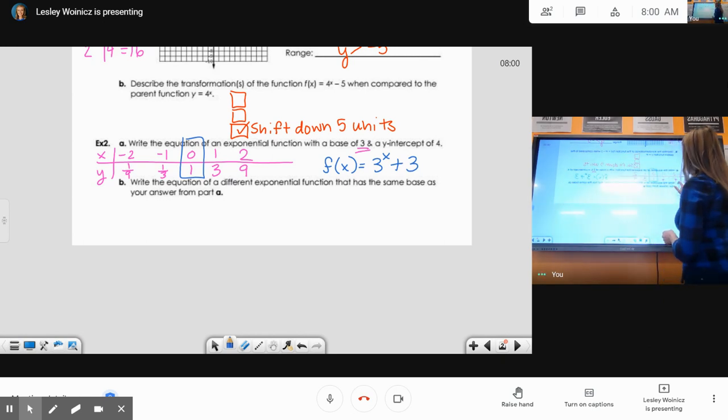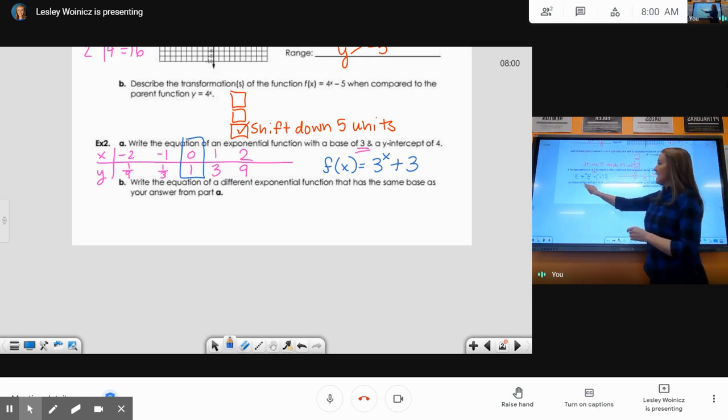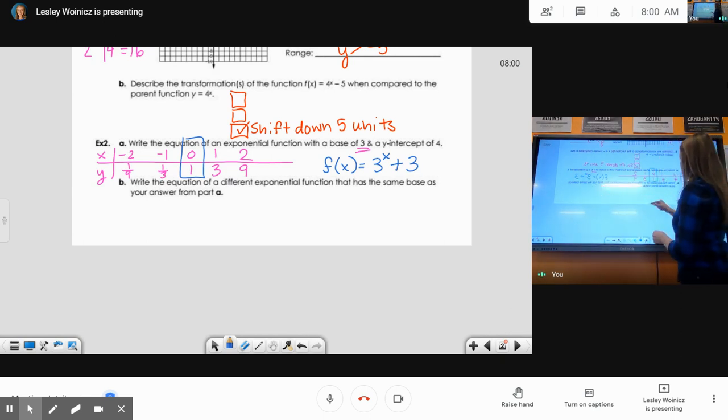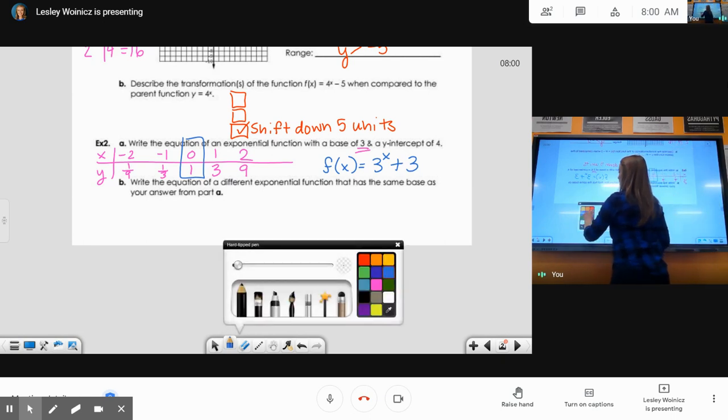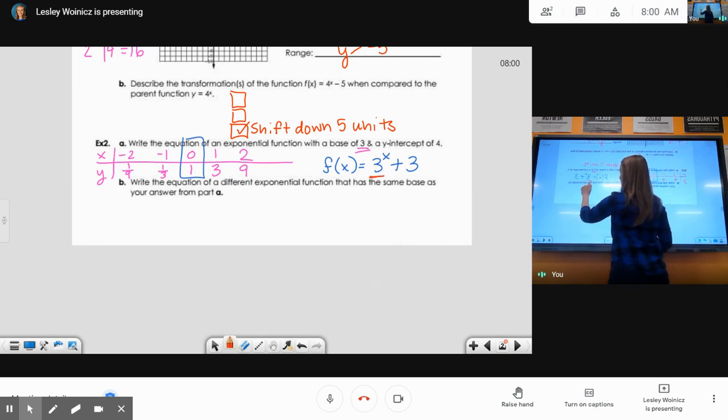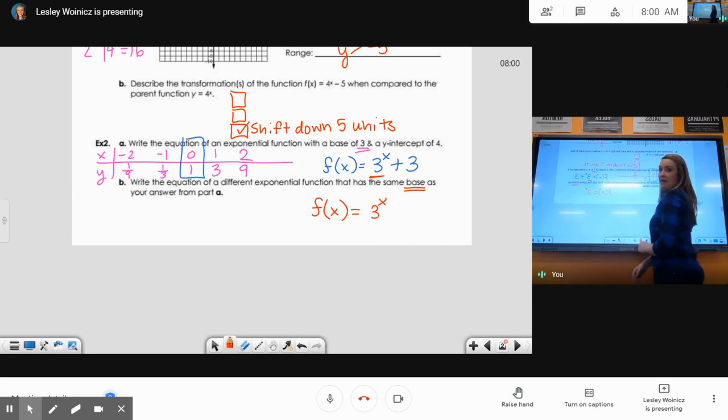Okay, now we have to write the equation of a different exponential function that has the same base as my answer from part A. So I want my base to match. This is my base. Okay, so it's going to be f of x equals 3 to the x, and then I can put whatever d value I want on there.